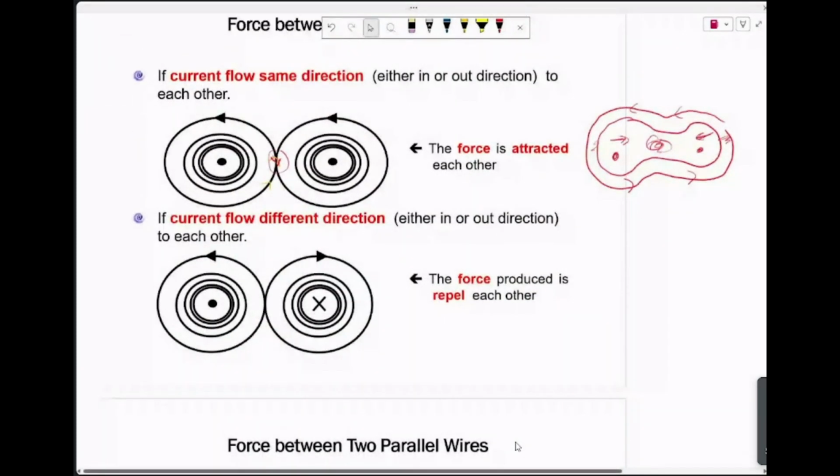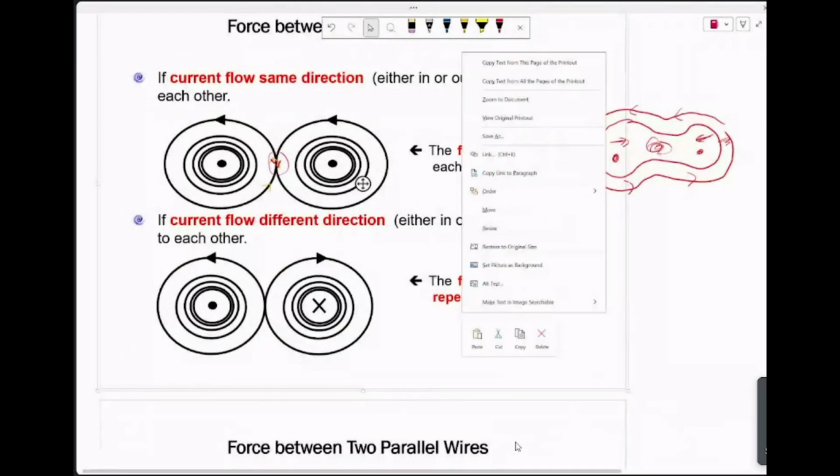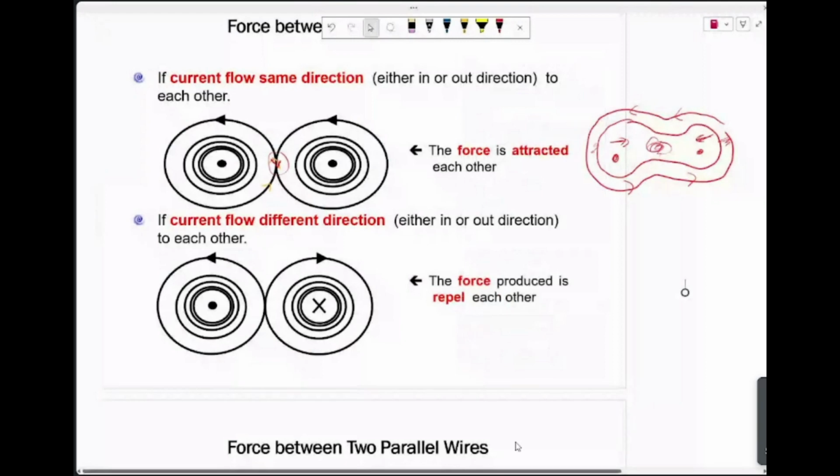Whereas the other way around here, remember, the magnetic field lines can't cross each other. So once you try to bring these two together, you will see that this magnetic field direction is this way, and this one is also in this way.